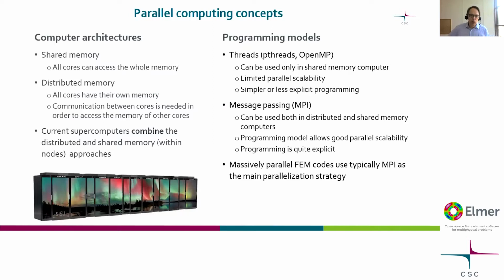A typical supercomputer would have shared memory only between the cores within one CPU, so these can access the whole memory within that CPU, whereas the distributed memory in the system cannot be accessed by any given core. So you have a combination of shared and distributed memory in typical systems. So you have some heterogeneity in your memory architecture.